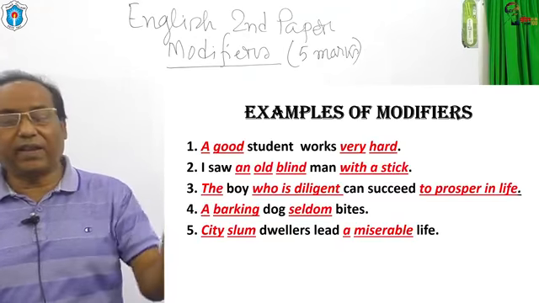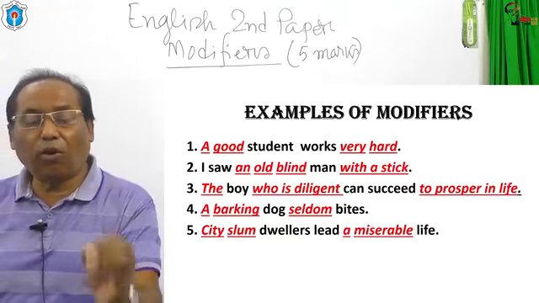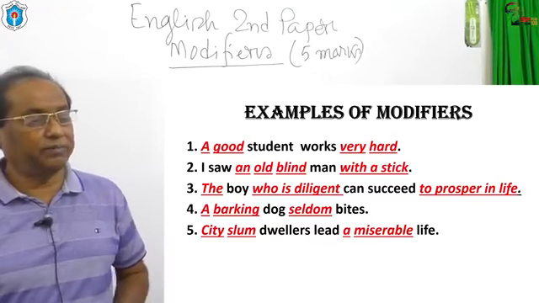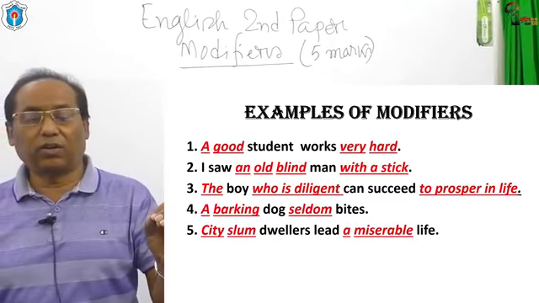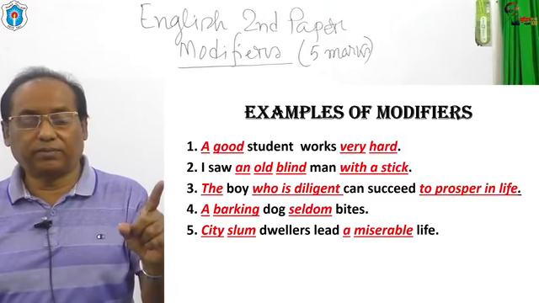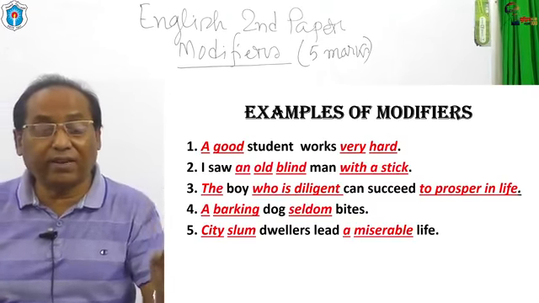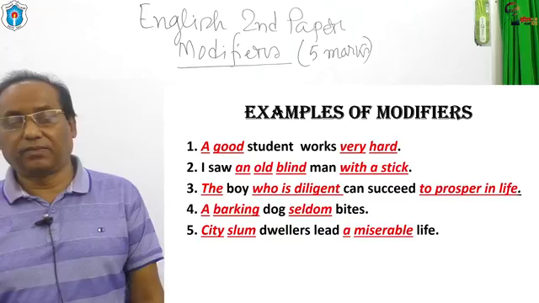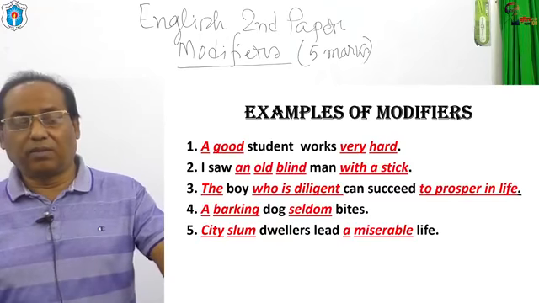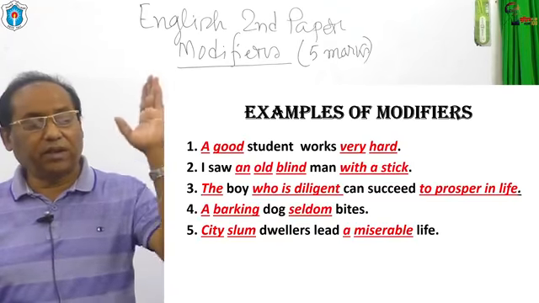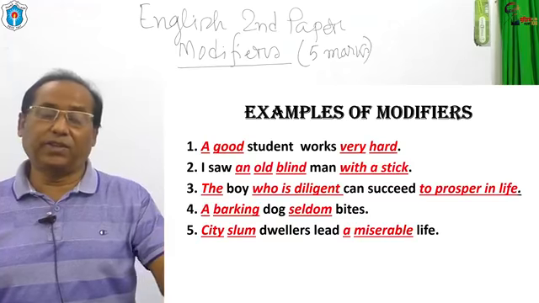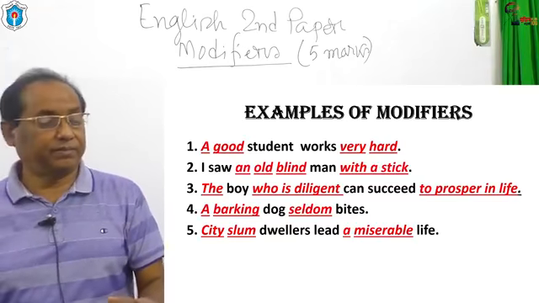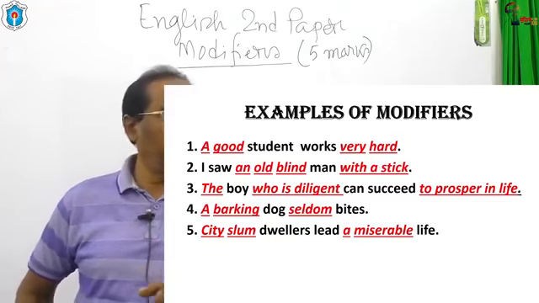Here, barking is an adjective in the form of a present participle. It modifies dog. Who is dog? The dog that barks. Okay? Barking modifies the word dog, so it is a modifier as a present participle.